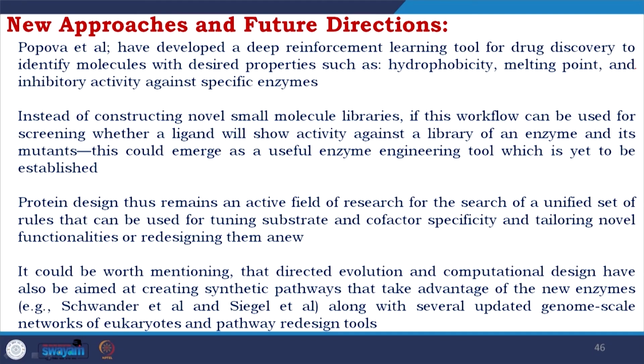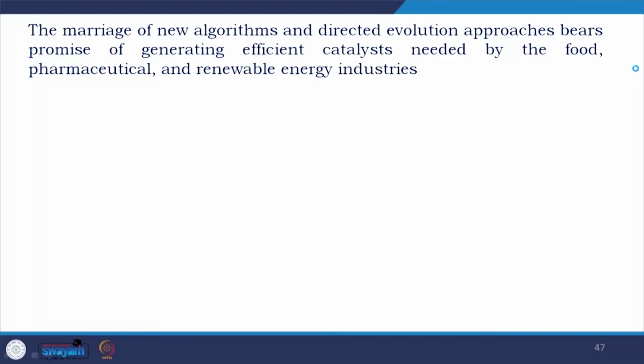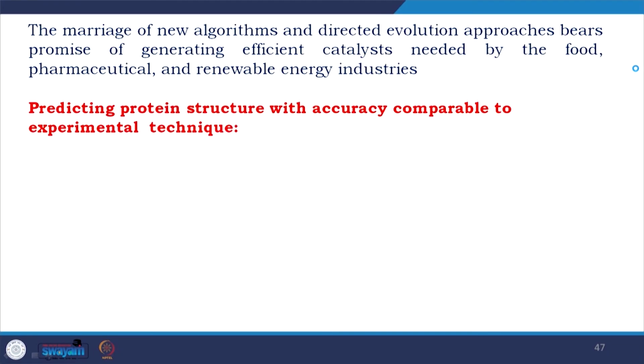So, initially we were working on enzymes or proteins, now we are working on enzyme pathways, that is metabolic pathway engineering. So, we are going into the hierarchical state. The marriage of new algorithms and directed evolution approaches bears promise of generating efficient catalysts needed by the food, pharmaceutical and renewable energy industries. As I told, this is definitely the future.